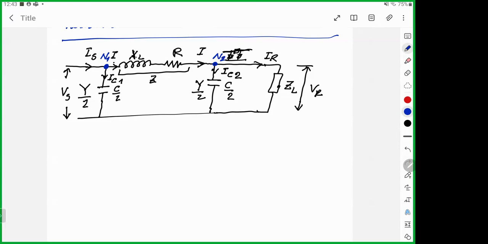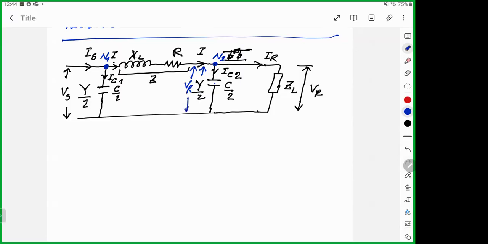And fortunately, we have this voltage VR. We have these two in parallel, so I can identify this as my VR.